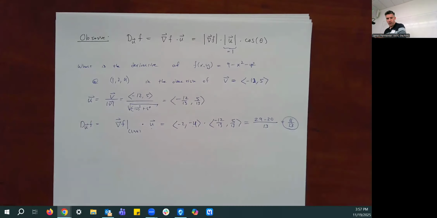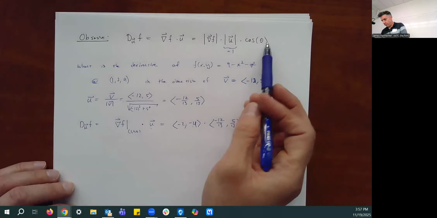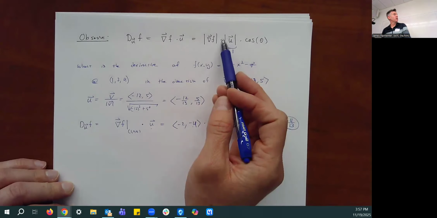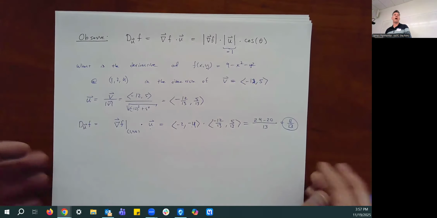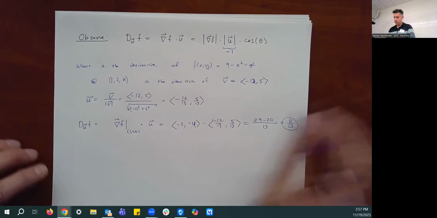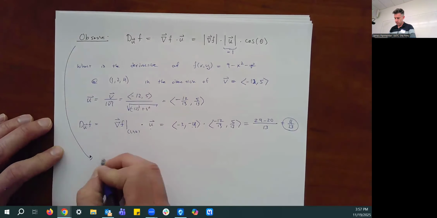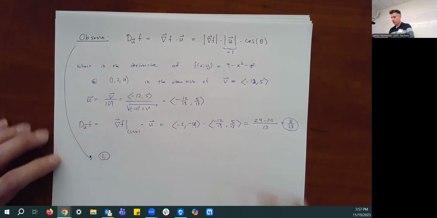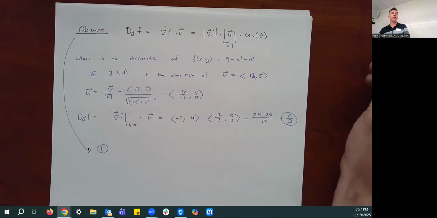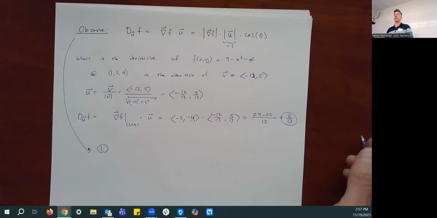But what I was trying to say over here was that based on this, you can see two things without too much trouble. The first thing is the maximum value of the directional derivative is the magnitude of the gradient.